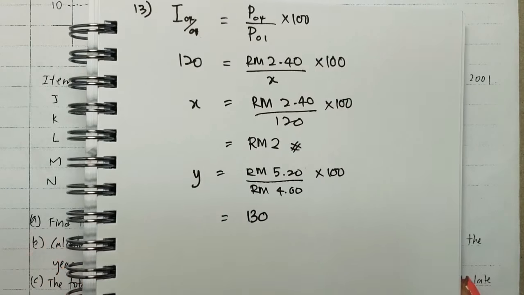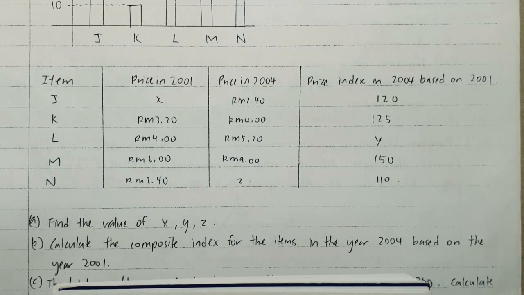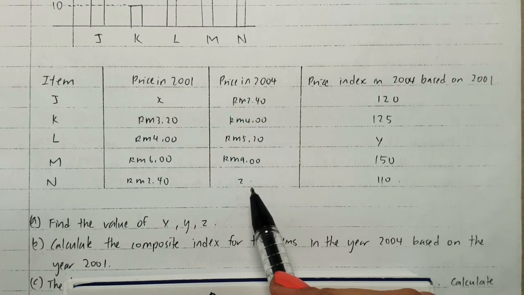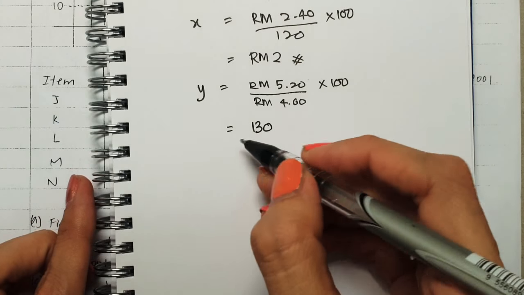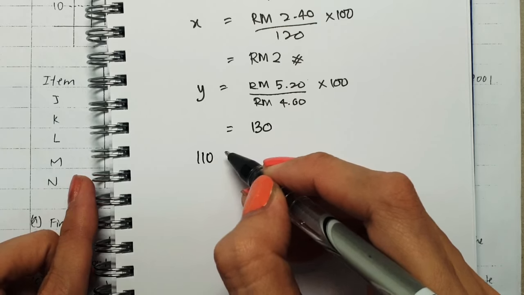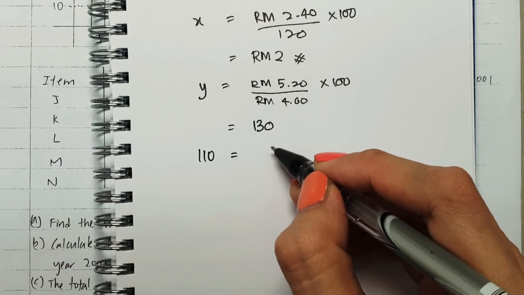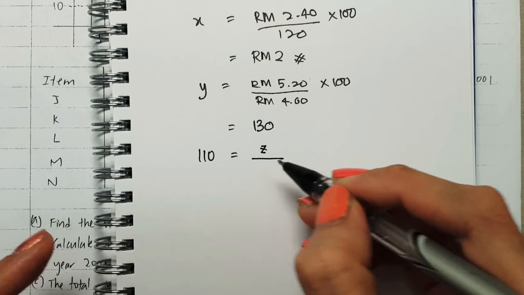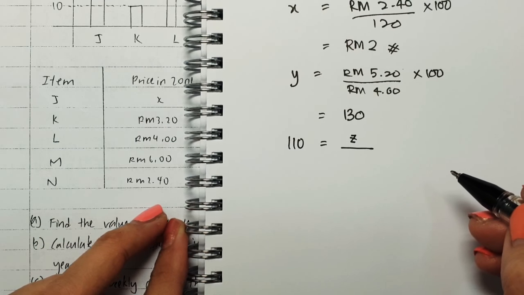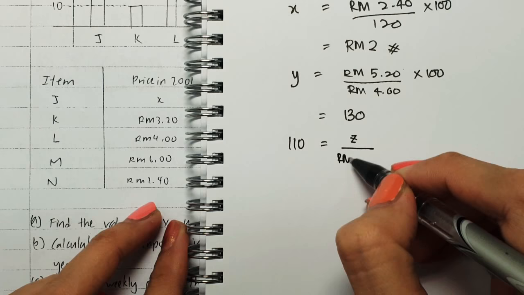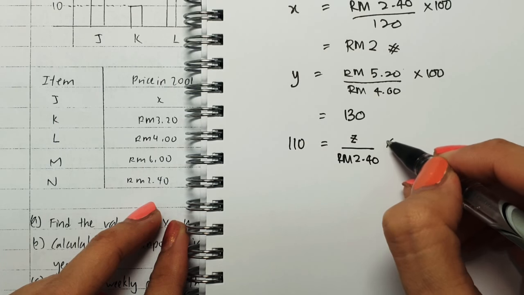All right, next we have z. Z is the price in 2004. We have 110 and 240. The 110 equals the price in 2004, which is z, and then the price in 2001 is 240, and then we times 100.